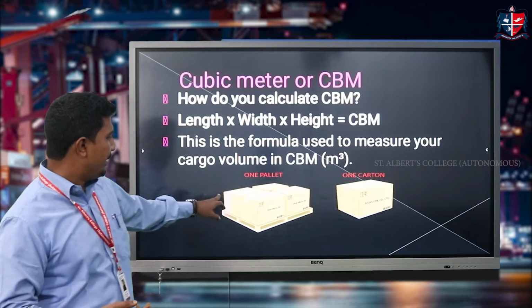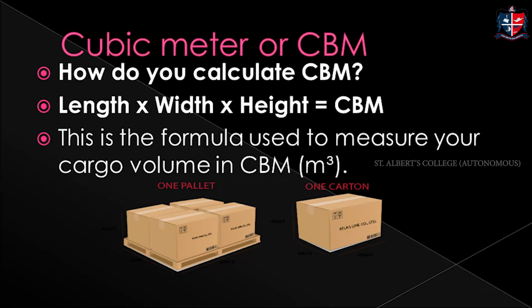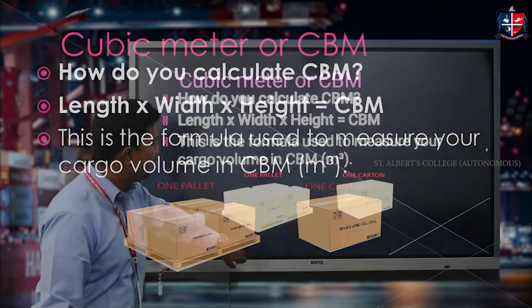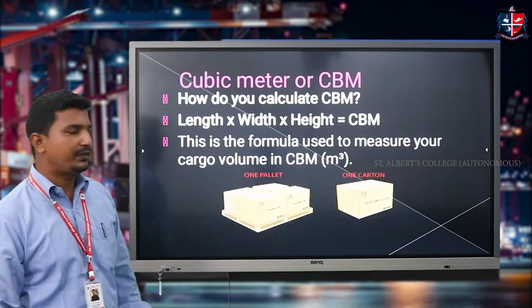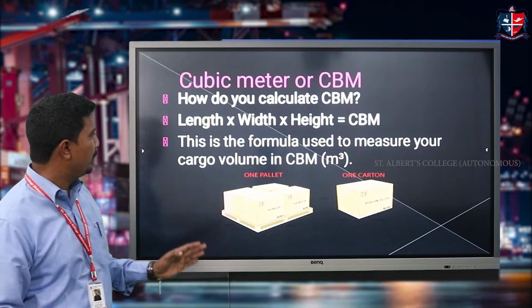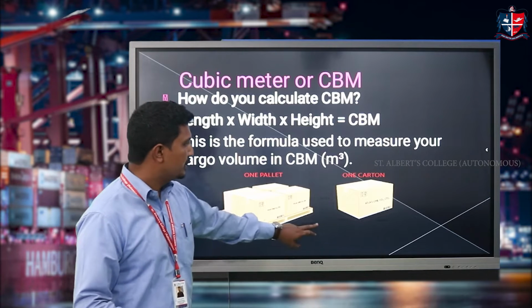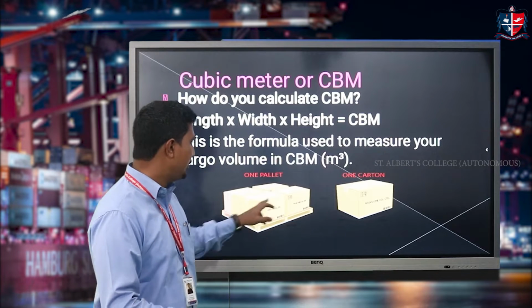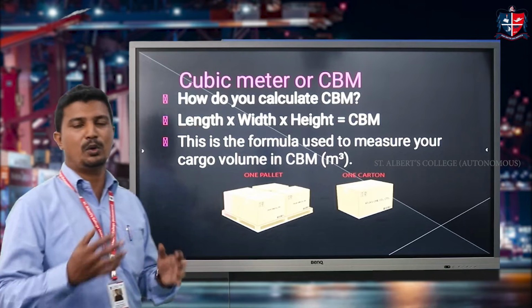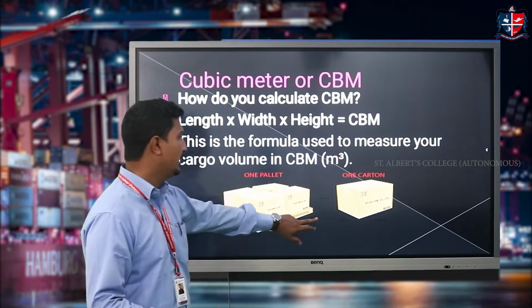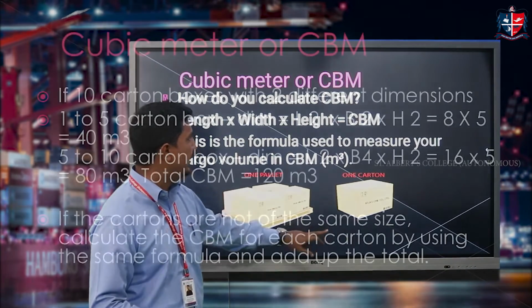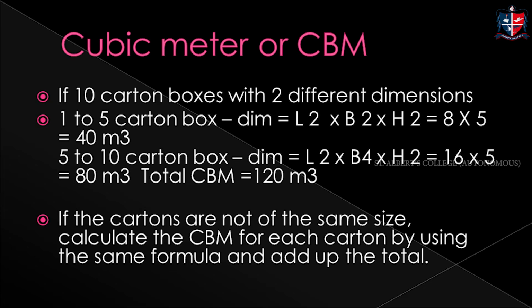Whenever we have cargo, we measure its length, width, and height, and according to that we charge the freight. Different pallets, cartons, and boxes have different dimensions. Once we calculate the LBH, we can identify the CBM of each box.